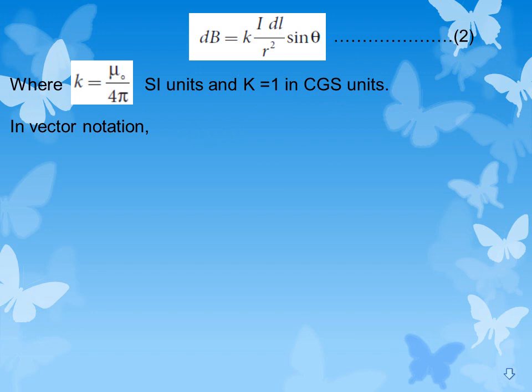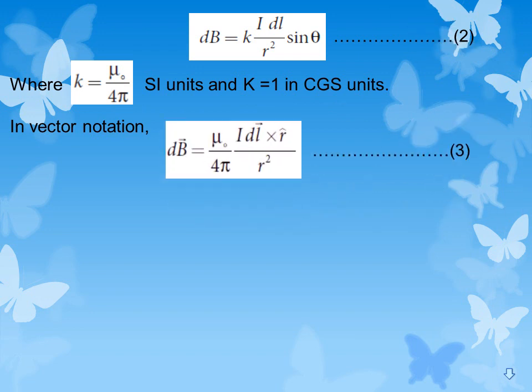And in vector notation, dB vector is equal to mu naught by 4 pi, substituting the value of K, I dl vector cross r cap divided by r square. This is due to the vector notation.